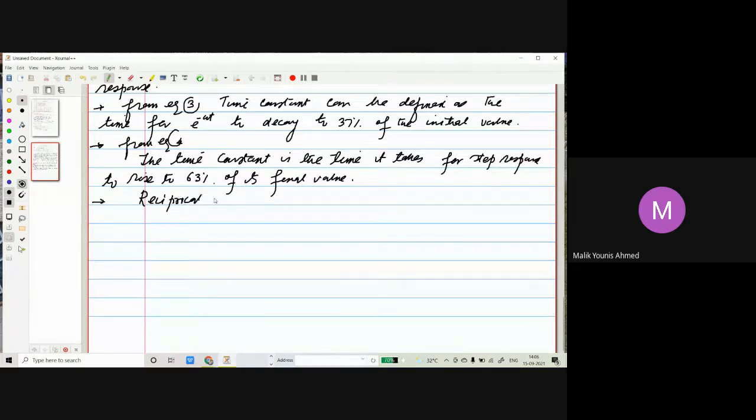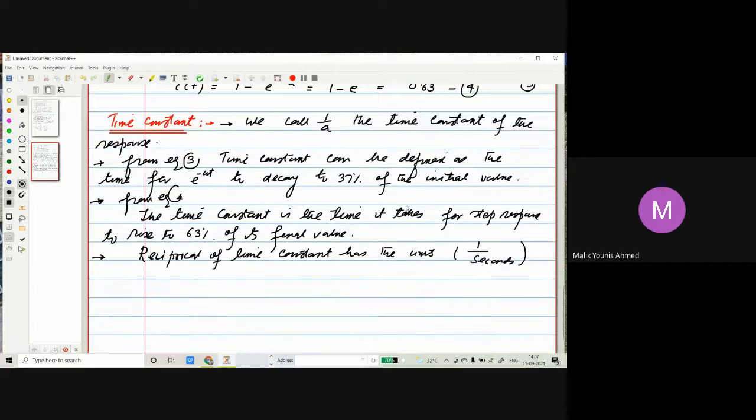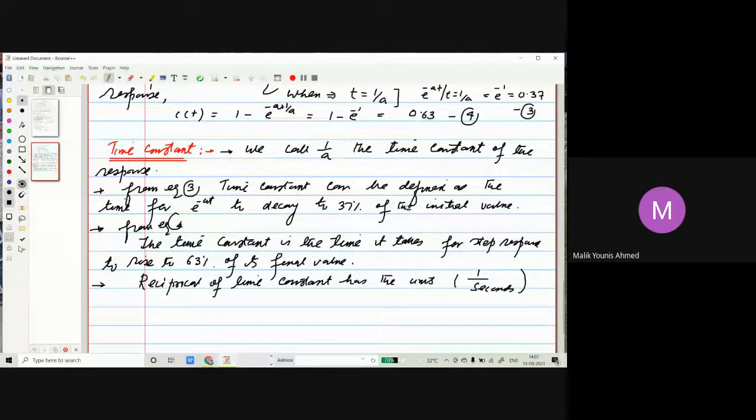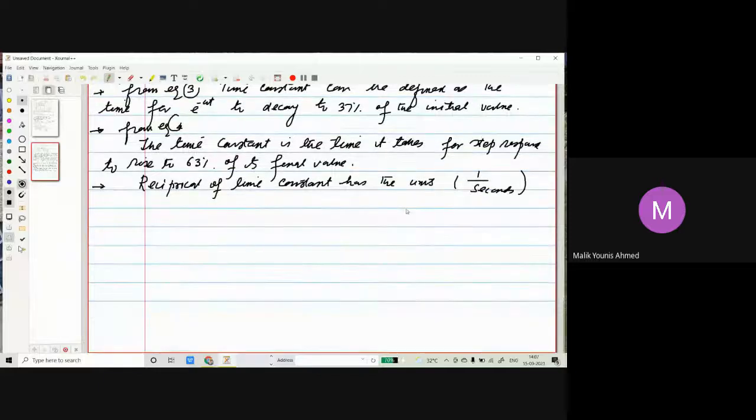What is the reciprocal of time constant? What are the units? It will be 1 by seconds. Time is in seconds, so the reciprocal of time constant will be 1 by seconds. 1 by A is the time constant, and the reciprocal of 1 by A is A. So the unit is 1 by second, which we also call frequency. We call A the frequency.